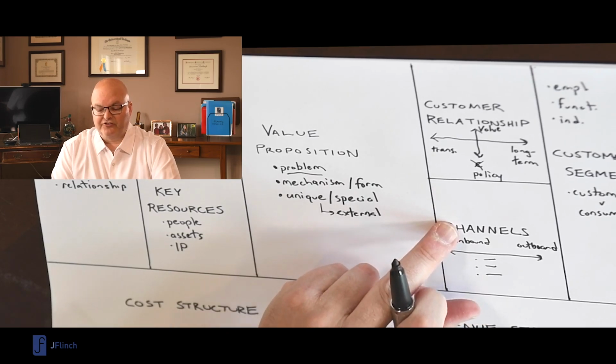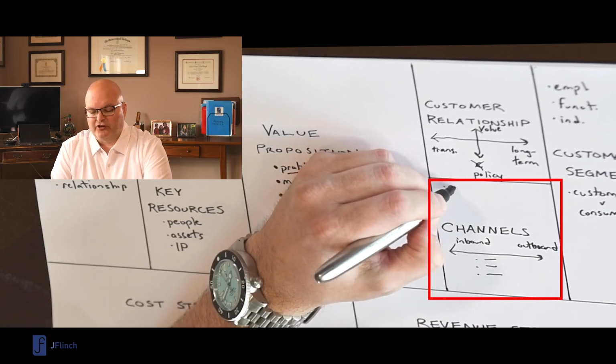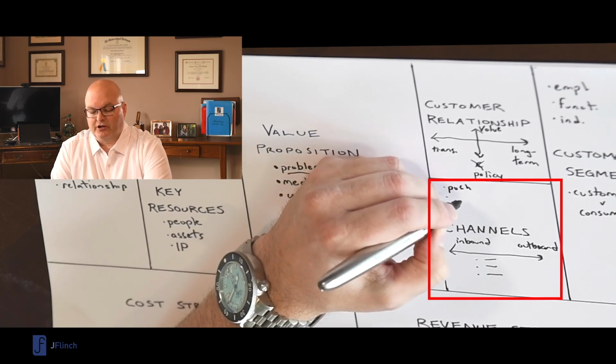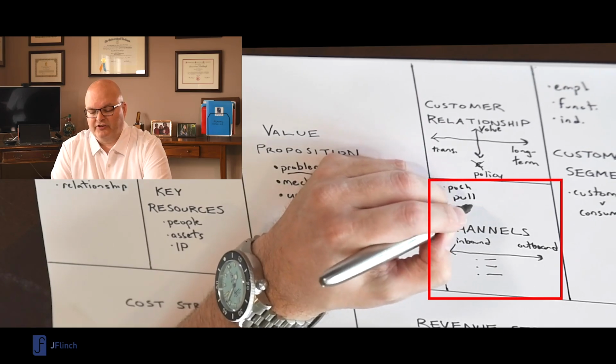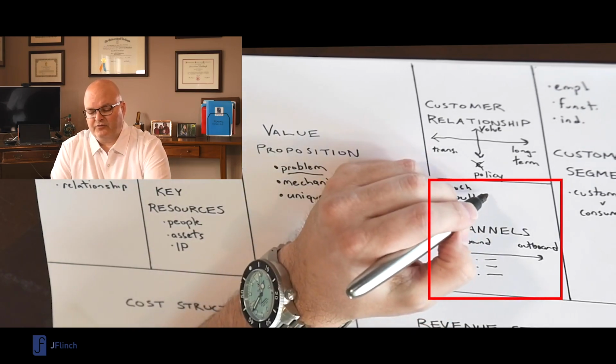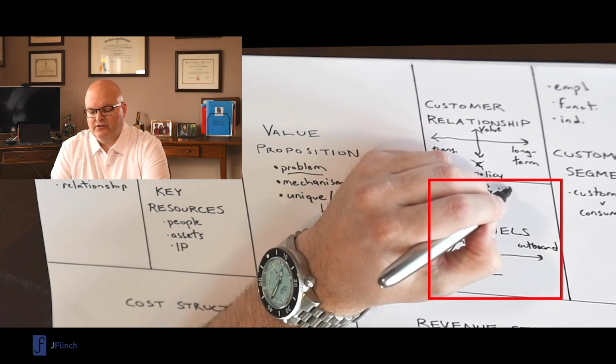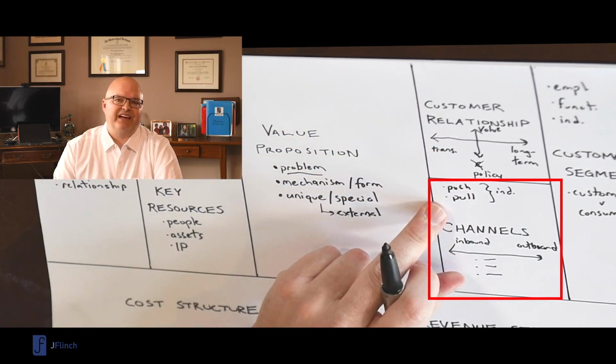Now, channels is the same thing, right? Inbound or outbound. Are you a push service or a pull service? Do people come to you or you go to them? And in either case, is there another individual that they have to go through to get to you?